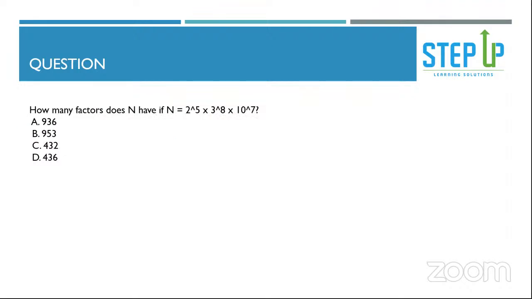Fine. Try this one. A little tricky, this question.